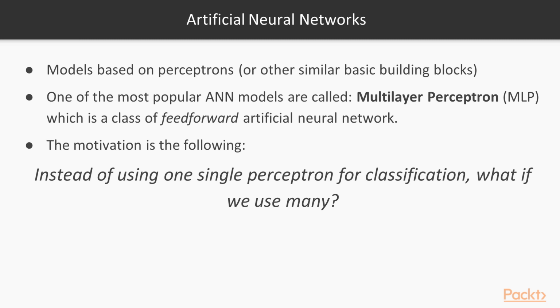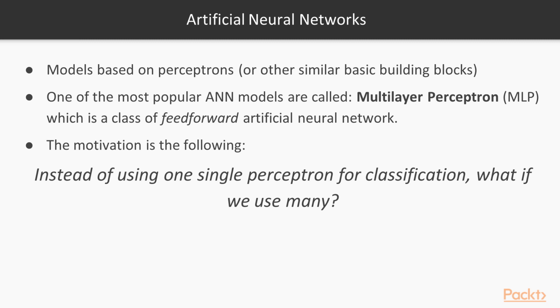And now let's see the motivation for artificial neural networks, so where they come from. These are models based on perceptrons or other similar basic building blocks, but the ones that we will learn about in this course are based on perceptrons. One of the most popular artificial neural network models is called the multilayer perceptron, and these are the models that we will use in this course.